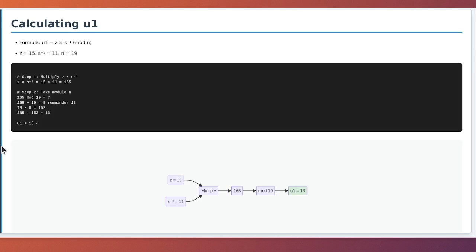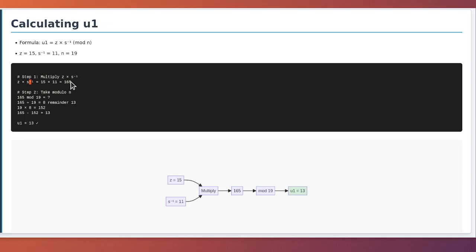Calculating U1. The formula for U1 is U1 equals Z times S inverse, all modulo N. We have Z equals 15, which is the hash of our message. We have S inverse equals 11, which we just calculated, and N equals 19, which is our curve order. Let us compute U1 step by step.